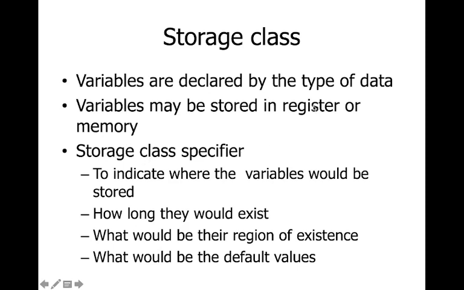It denotes where it should be stored, whether in register or memory, then how long it should exist, that is the lifetime, then the region of existence. We have already seen the region of existence: block scope, file scope, like that different scopes are there. And also the default values. If we declare a particular variable, what default value will it take. All these things will be denoted by the storage class specifier.